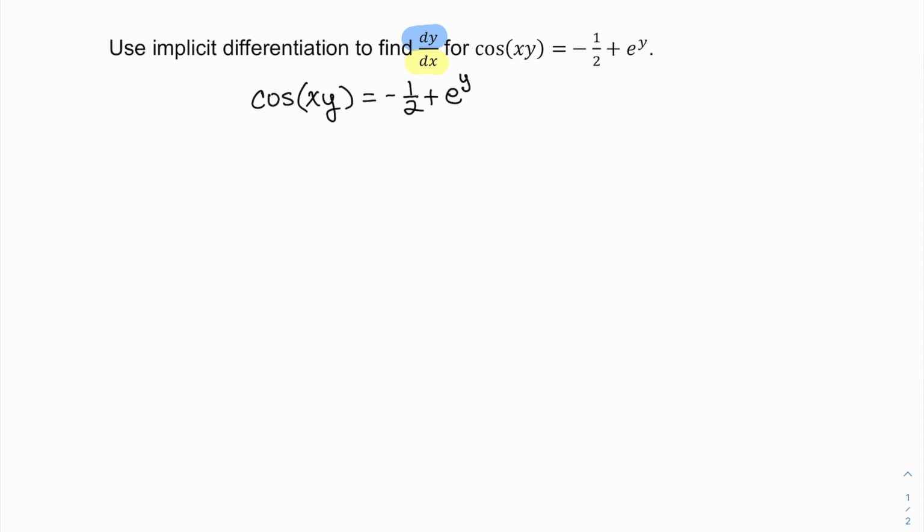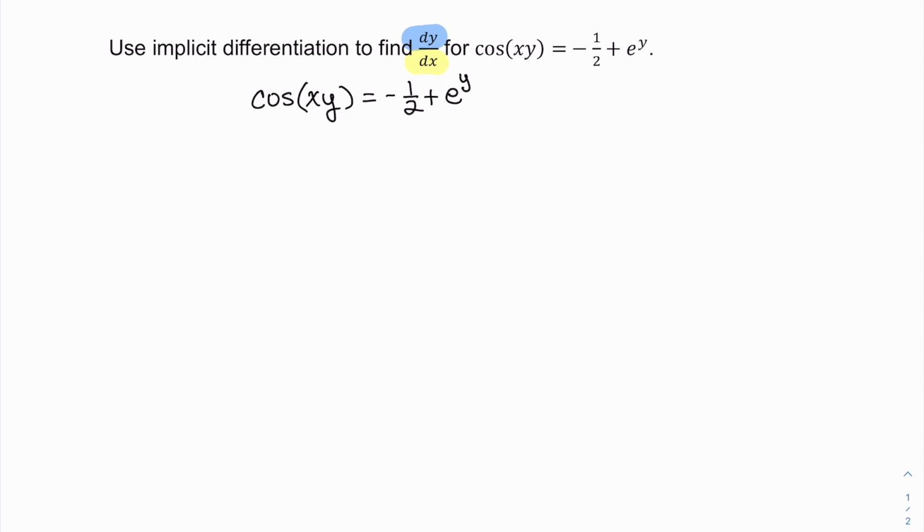But when the process involves differentiating the dependent variable, we don't know what it is equal to in terms of the independent variable. So we need to use the chain rule, which is to also multiply by the notation dy/dx. So let's get started and see how that plays out.